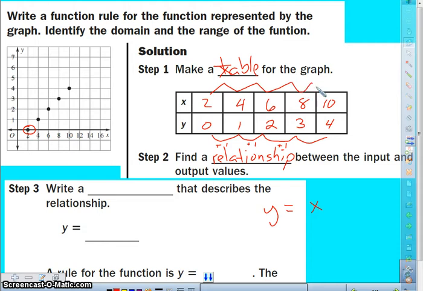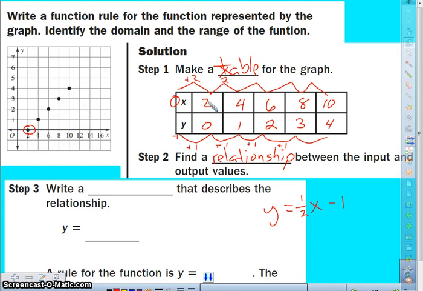Yes, it's a change of 1 in y, but it's also a change of 2 in x. So my relationship is going to be 1/2 x, and then I've got to get down to a 0. If I drop down one more time, I get to the 0 right here, so I've got to drop down 1 to get to 0. So it would be 1/2 x minus 1.